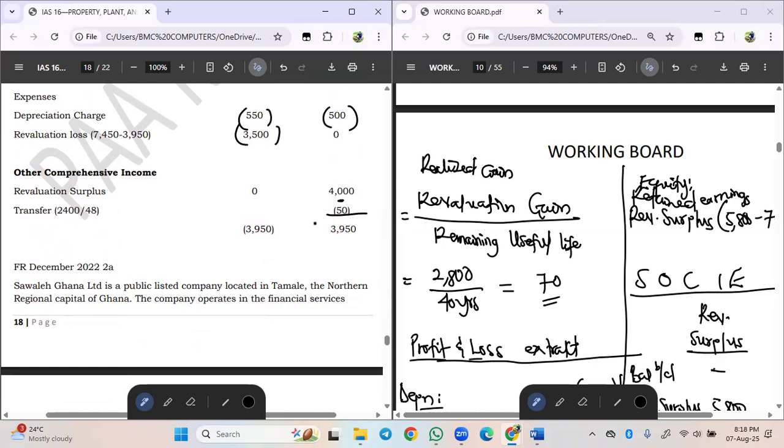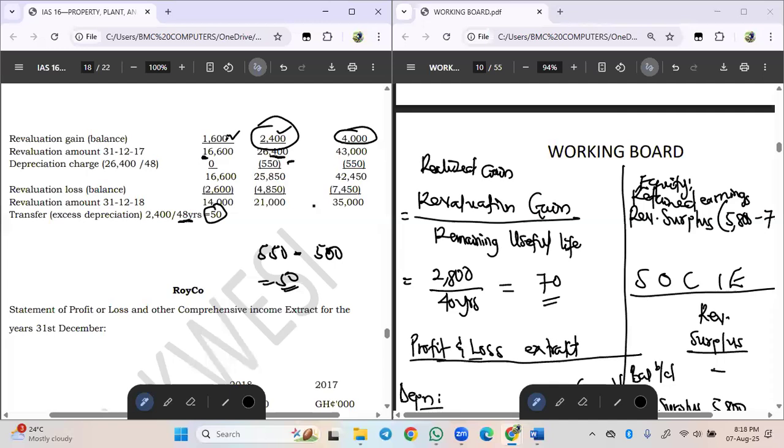And I've told you that the revaluation reserves can never be what? Negative. So where is the excess? Because in 2018, there was a revaluation loss. The total gave us 7,450, and the gain we are having is just 4,000. Now that 4,000, we've deducted excess depreciation from it, so it is left with 3,950.